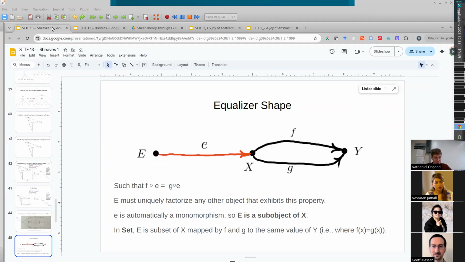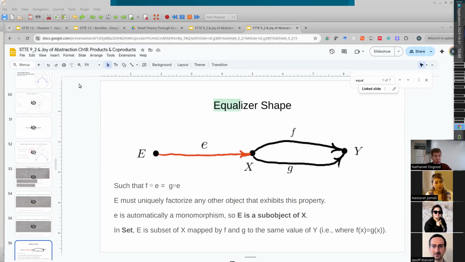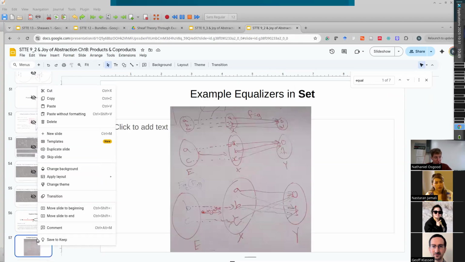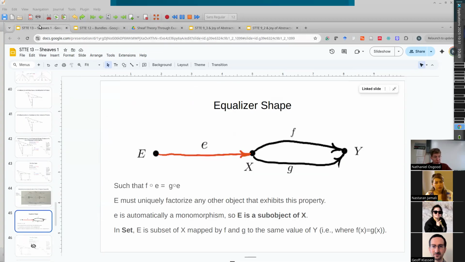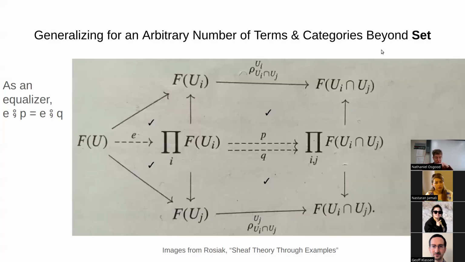So what we're saying here is that, maybe I should, for future reference, copy that slide also over here so I can remind us. Okay. So the equalizer here is saying, hey, f of u, think of it this way.